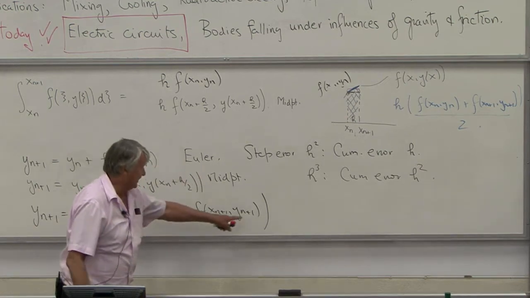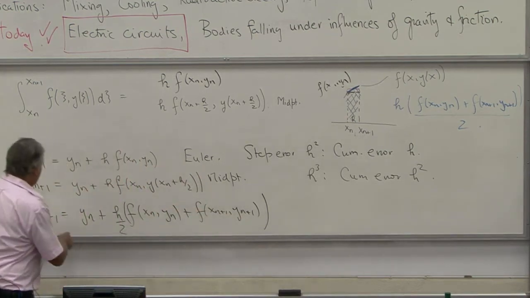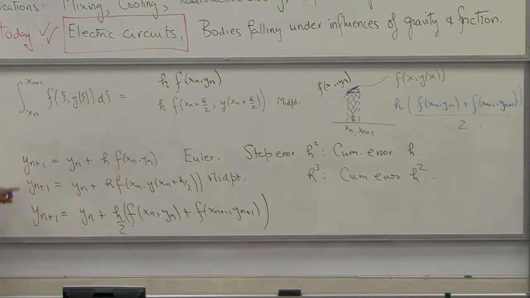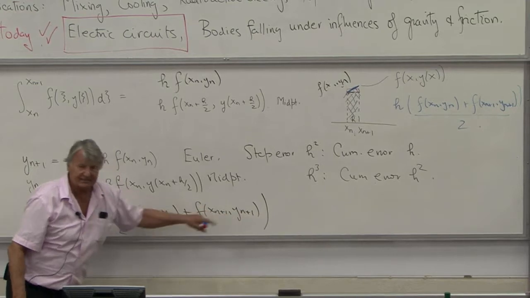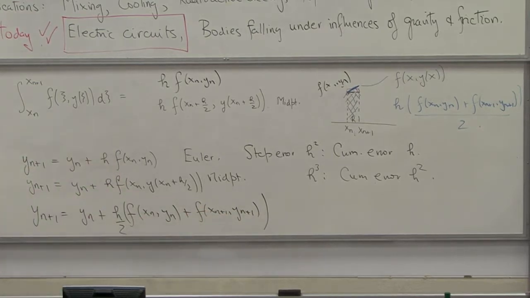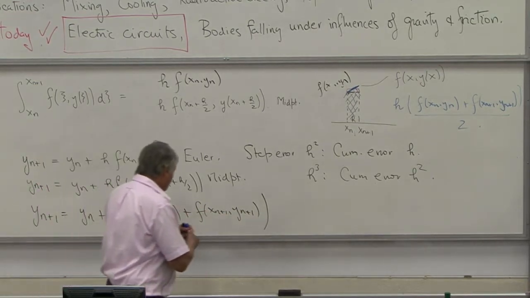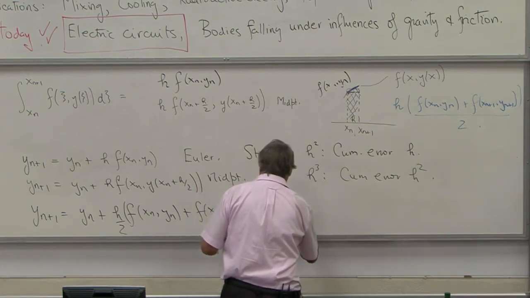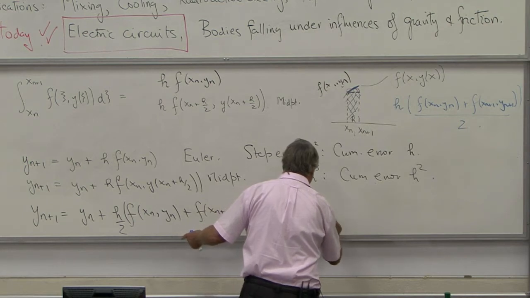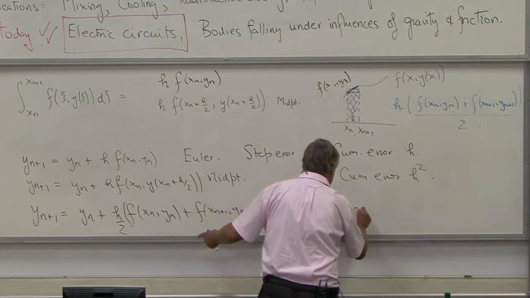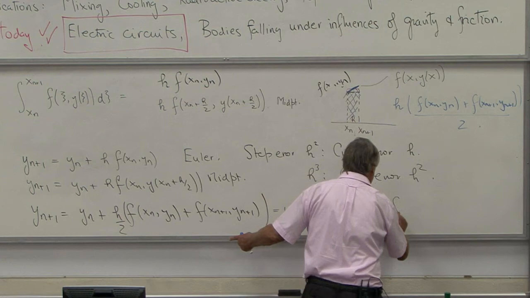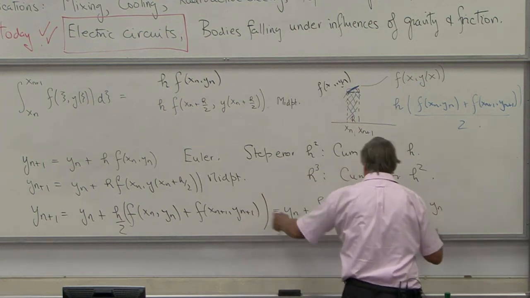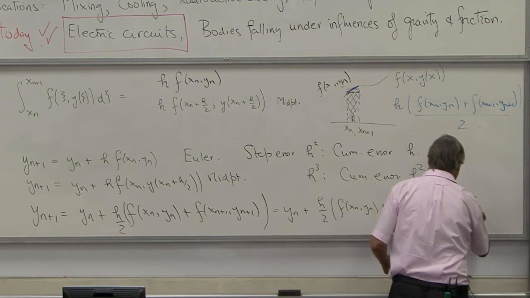The trouble is the y_{n+1} was given explicitly in terms of the last point here, but now it's implicit because it's contained here. So you actually just do a little adjustment and you write it as this: h over 2 times f(x_n, y_n) plus f(x_{n+1}, y_{n+1}), and then you replace the y_{n+1} by the Euler expression.